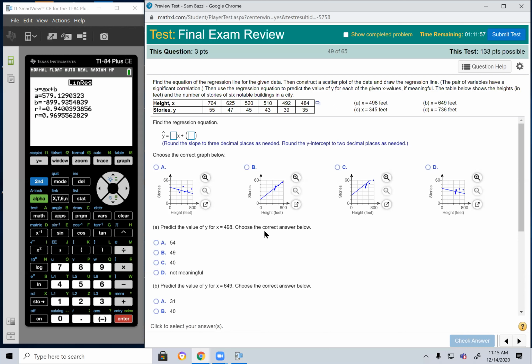All right, find the equation of the regression line for the given data, then construct a scatter plot for the data and draw the regression line. The pair of variables have a significant correlation. Then use the regression line to predict the y values given 4 x values. So guys, let's try to do this with StatCrunch.